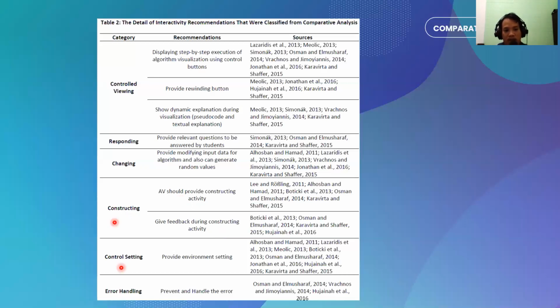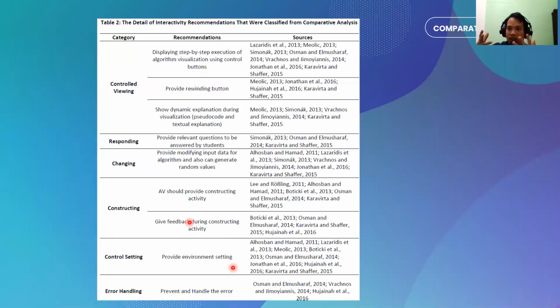Provide environment settings. For instance, instead of only showing the numbers for the visualization of the array to be sorted by the system, maybe we can represent numbers with something else, like a bar graph or bar chart. Like 10 is going to be like this, 20 like this, 100 a higher bar.